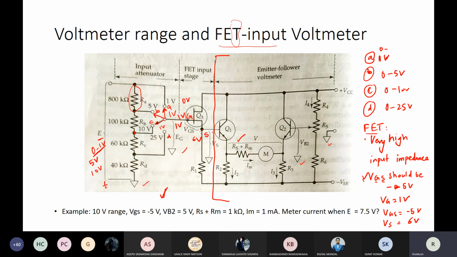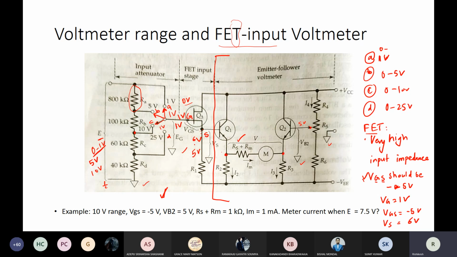So for the transistor to conduct, this will become 5 volts. The base of Q1 will be at 5 volts. So we make sure that this node is at the same potential as this node, and we adjust this so that this will also come at 5 volts. Since the two transistors are the same, this will be at 4.7 and this will be at 4.7, and there won't be any current flowing through the meter in the calibration stage when this is 0 volt.